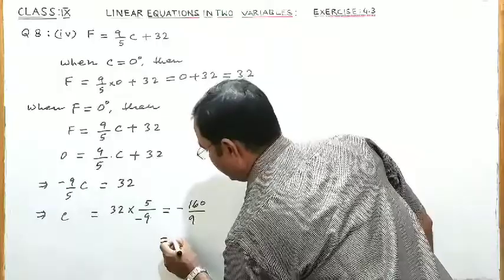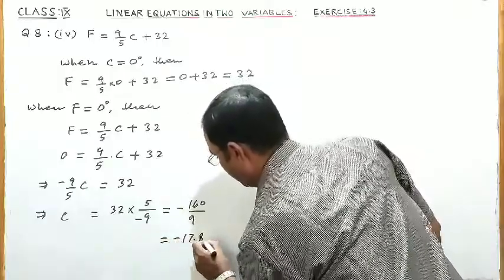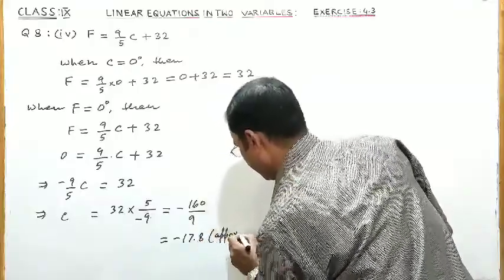So if you divide, you will find minus 17.8 approximately.